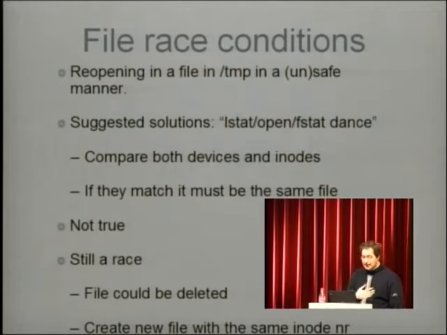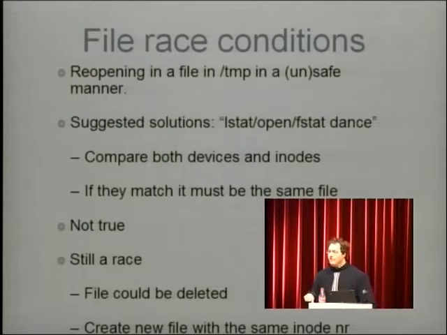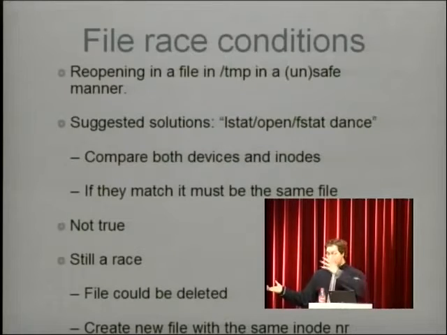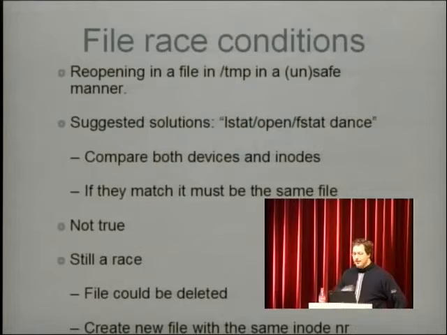There's still a race condition, because between the lstat and the fstat, you might still be able to delete this file and create a symlink to something else, which just happens to be on the same device and has the same inode number. Because you removed this file which had this inode number and device, and then you might be able to create another file which is on the same device and gets the exact same inode number, because the inode number just got freed because you deleted something, right?